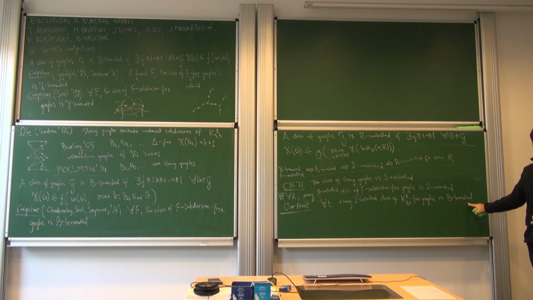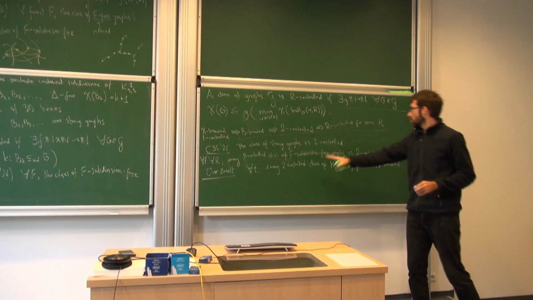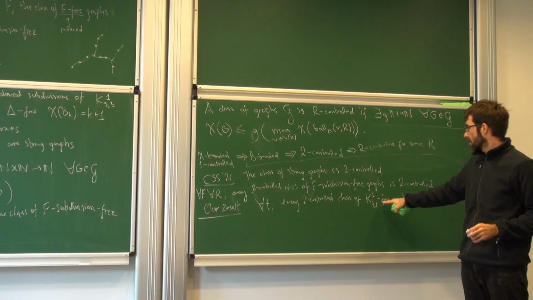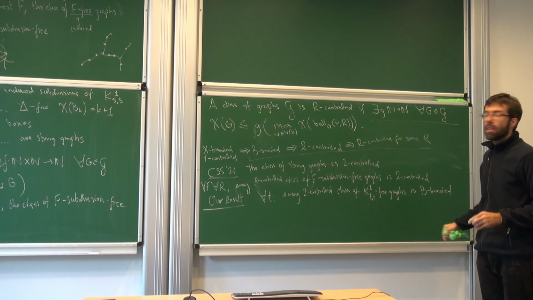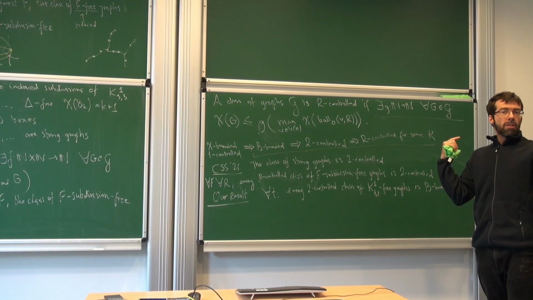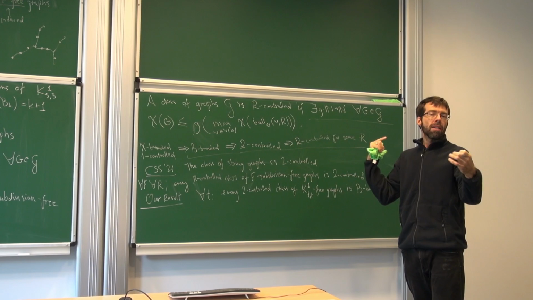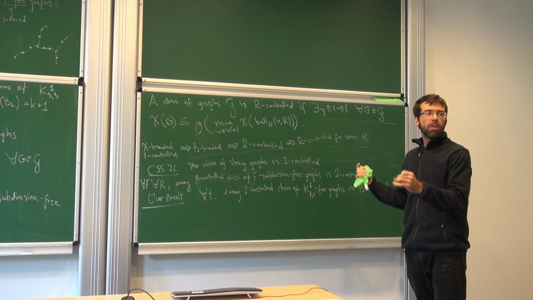Okay? So just to recall what it means, if we have a graph from a two-controlled class of K_{T,T} subdivision free graphs, and the chromatic number is large enough, then this is witnessed either by a large clique or by an induced copy of a large Burling graph.